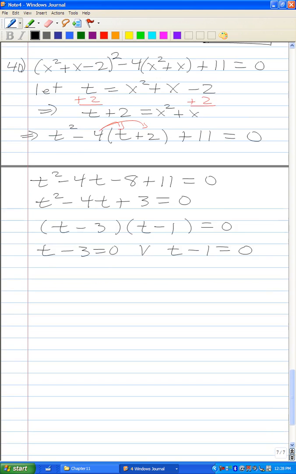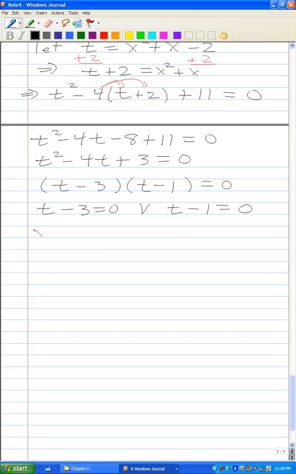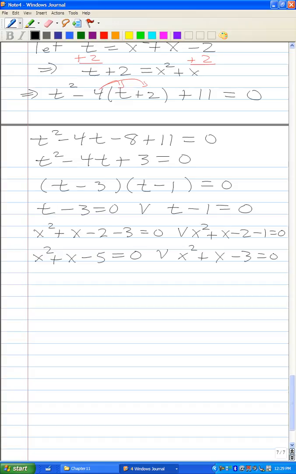Notice that t is x squared plus x minus 2. And so I have x squared plus x minus 5 is 0, and x squared plus x minus 3 is 0.